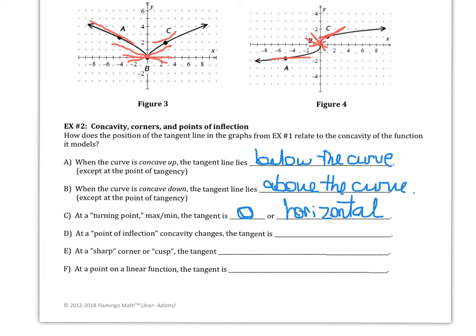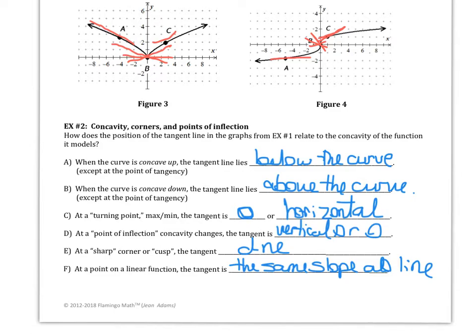So the tangent at a point of inflection is vertical or 0. And at a sharp corner or at a cusp, the tangent line does not exist. At a point on a linear function, the tangent line has the same slope as the line.